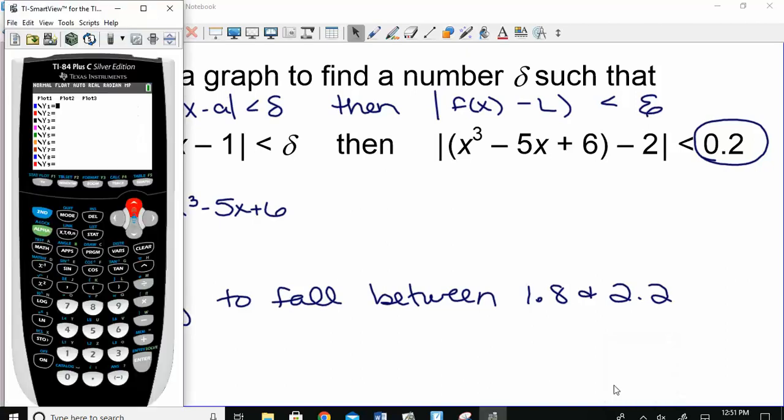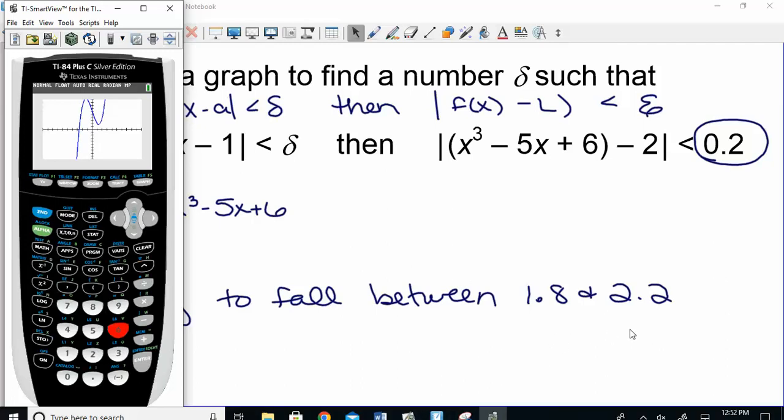Let's grab a graphing calculator. I want to graph my function. X cubed minus 5x plus 6. Okay, if you just look at that, we get our normal function.